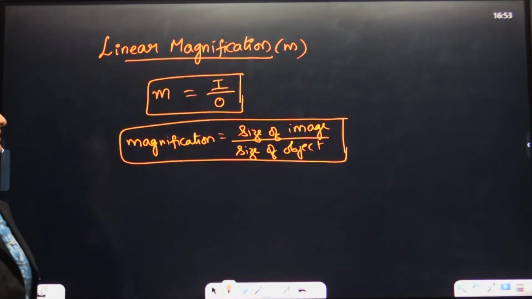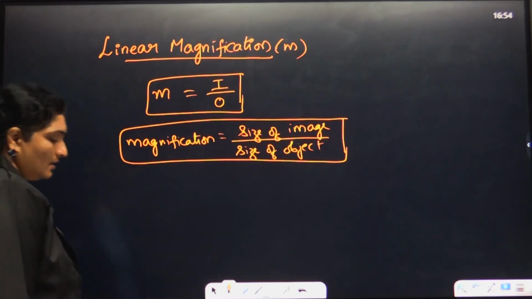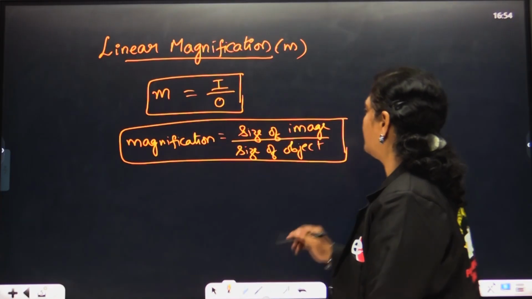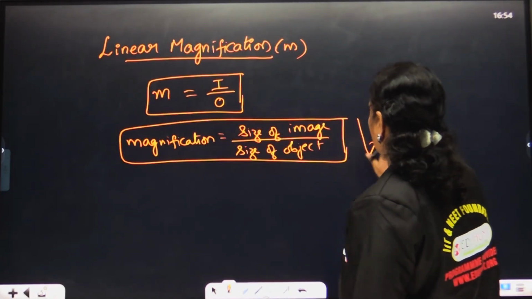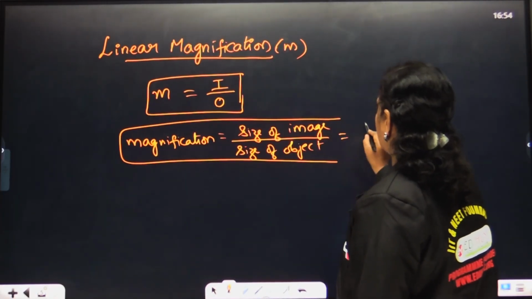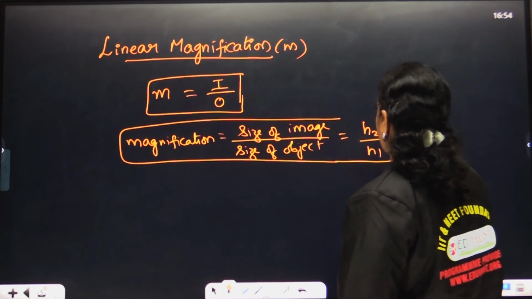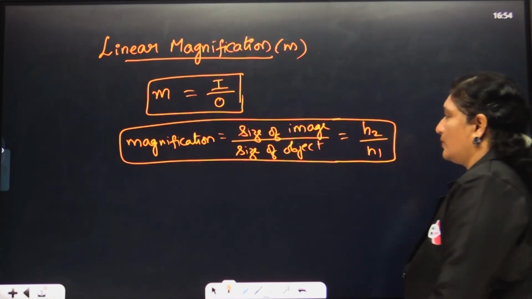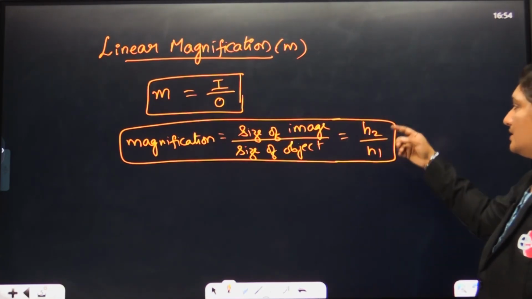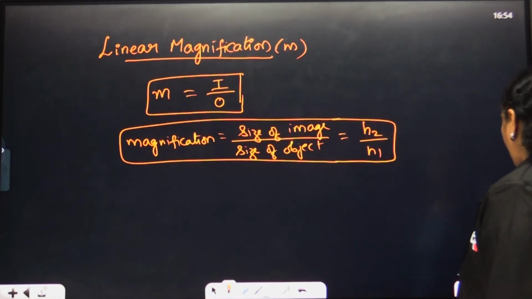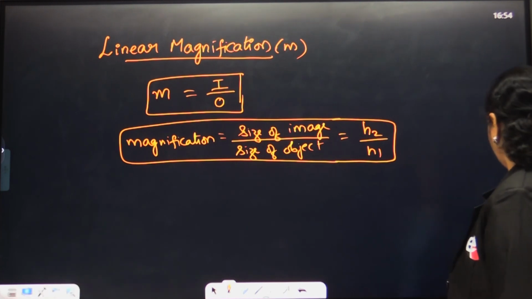The same can also be indicated in terms of height. If the size of the image is indicated with the height H2 and the size of the object with H1, then magnification can also be written as H2 by H1.